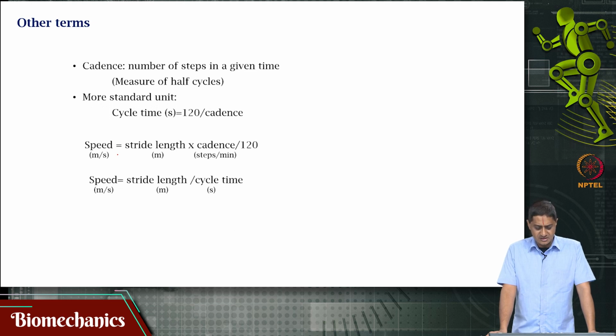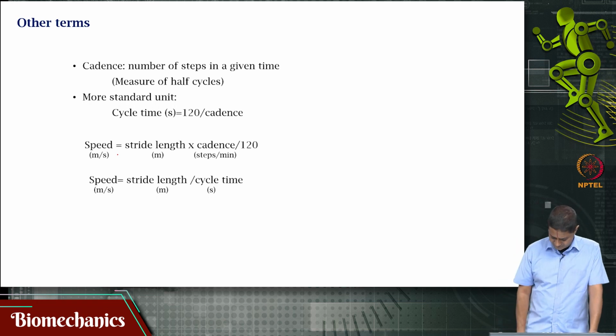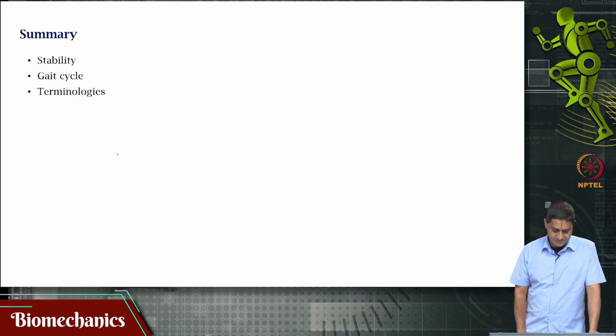Speed in meter per second is essentially stride length in meters multiplied by cadence, but then stride length is assumed to be a constant, but it need not exactly be a constant. It might vary, it is known to vary. Speed is essentially stride length times cadence divided by 120, or stride length divided by the cycle time. So, these are some other terms that are frequently used in gait literature.